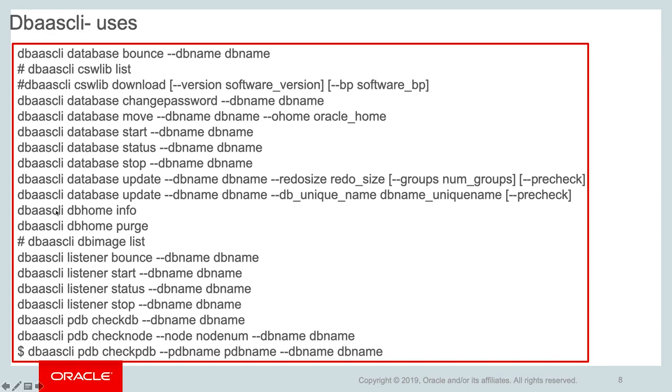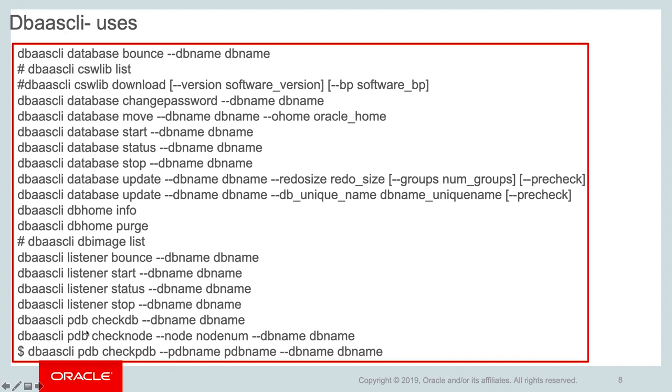It can provide you database home information. You can purge those database homes which you are not using. You can list the DB images, and you can do all of the listener related commands like starting, stopping, and looking at the status of the listener.